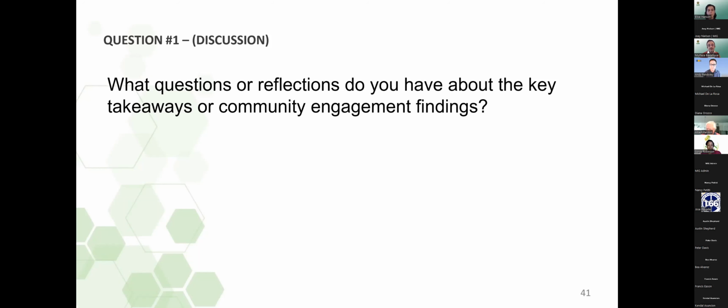We would like you to bring your colleagues, friends, leaders in the community, neighbors into this discussion, because climate change affects us all, and the success of us working collaboratively depends on our active participation. With that I'll turn it back to Andy.